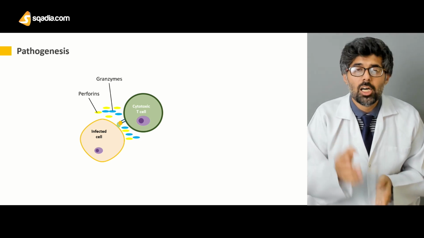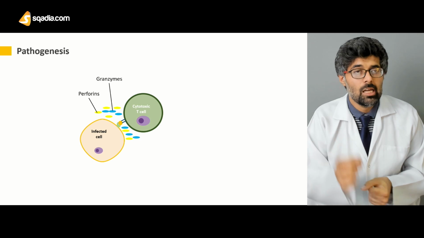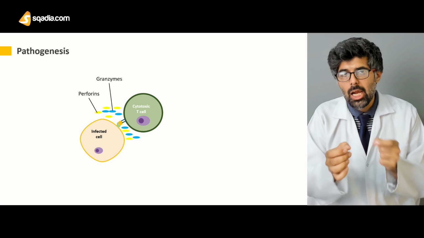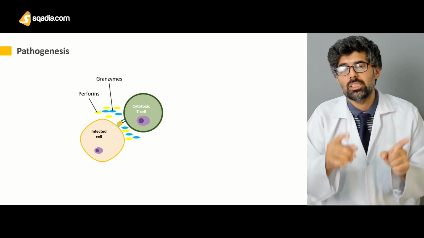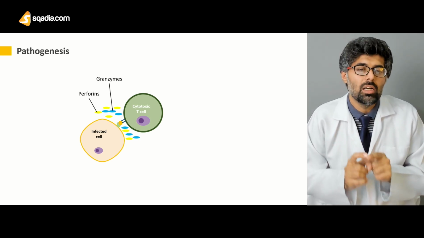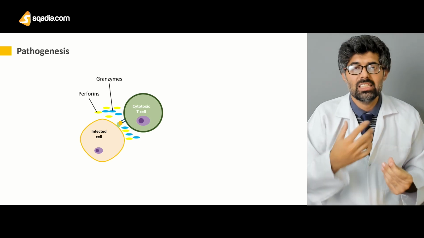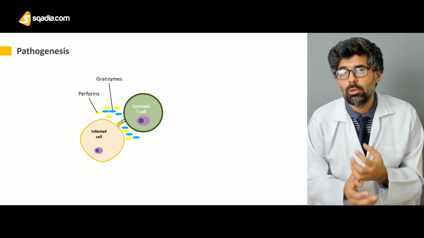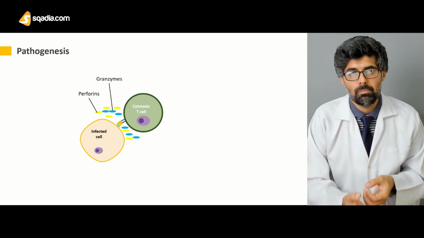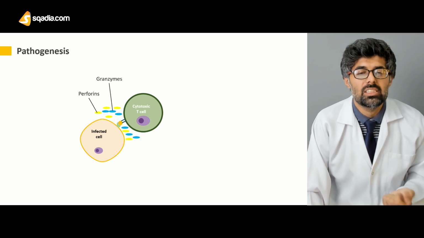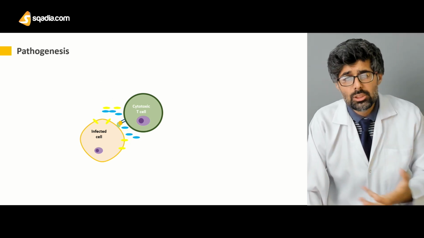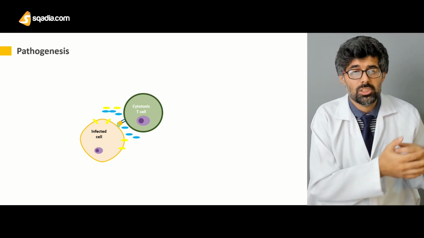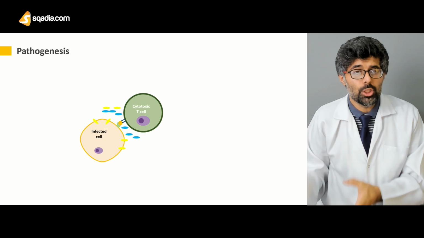Now perforins are specific glycoproteins which start to punch holes in the cell membrane, and due to these punches or fenestrations in the cell membrane, the granzymes, or the enzymes which have the ability to digest almost any molecule, enter the infected cell. And when they enter the infected cell, they start to eat all of its components, from its cytoplasmic organelles to the nucleus.